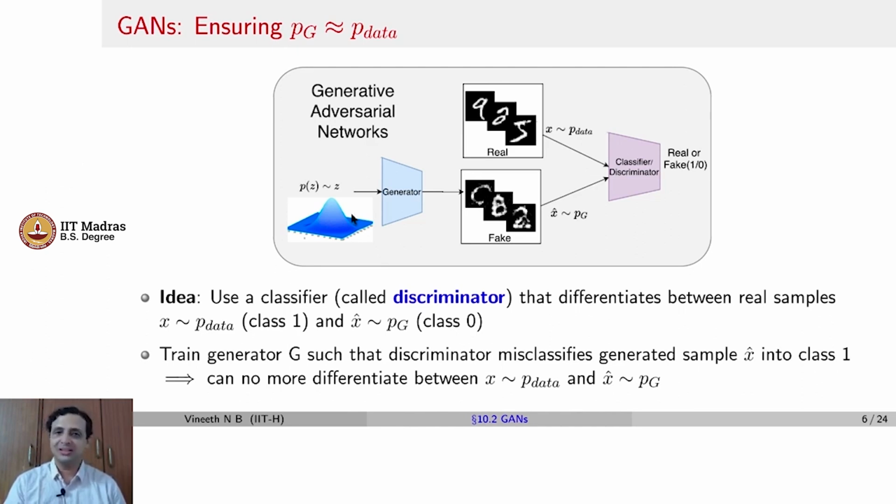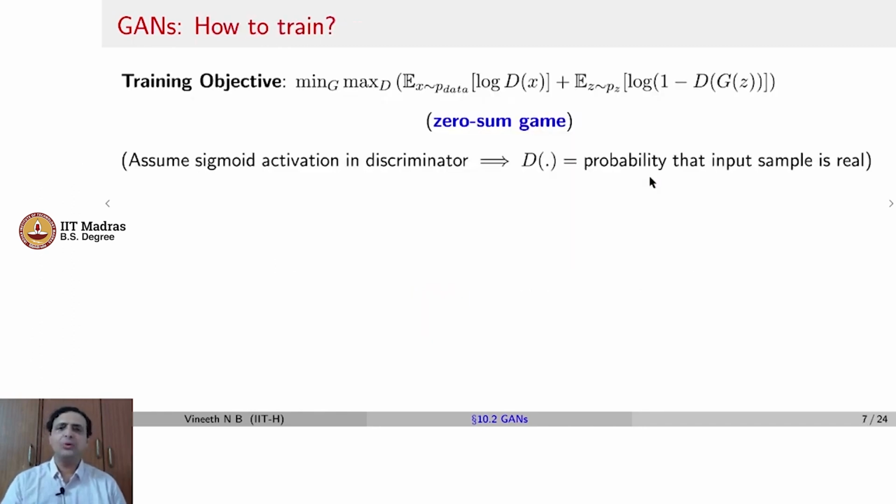So you can also consider this like a cop and thief game, where the discriminator is like a cop that can separate real and fake, and the job of the generator is to fool the discriminator. That's the overall idea. How do you train such a generator and a discriminator?